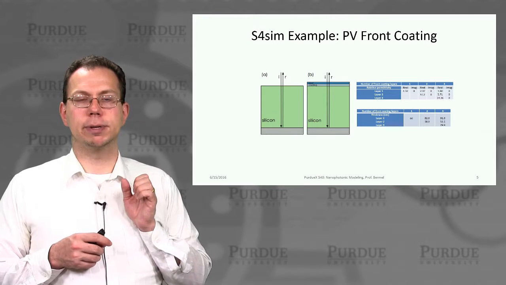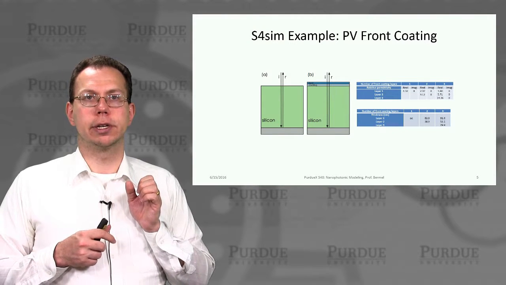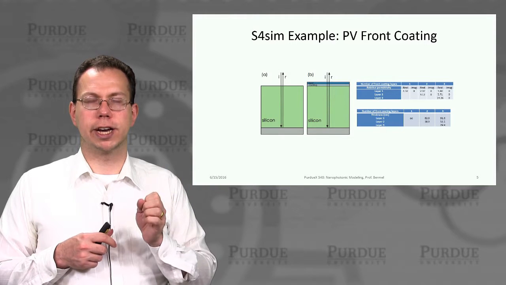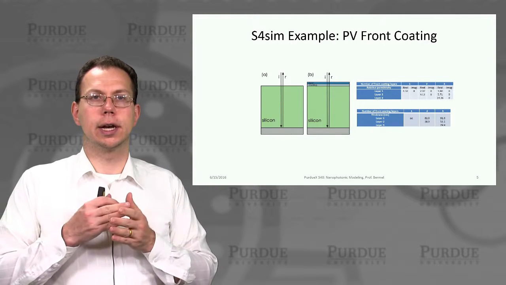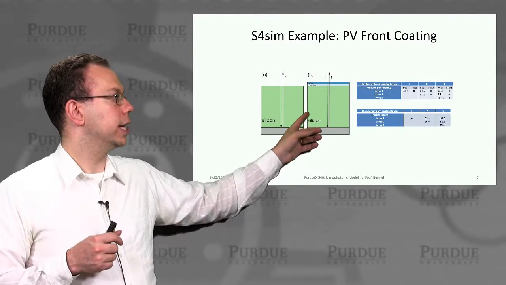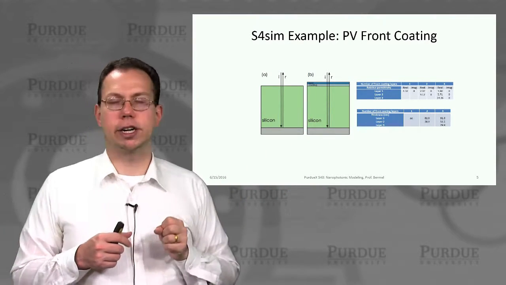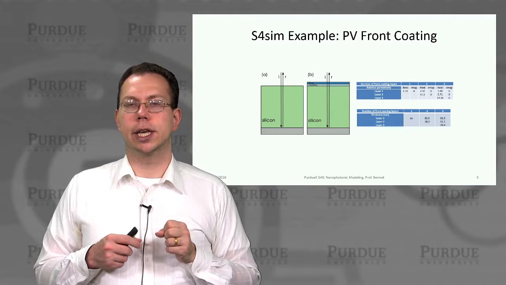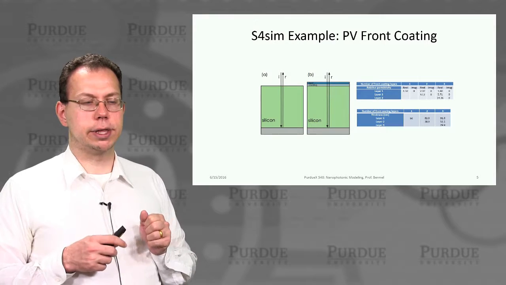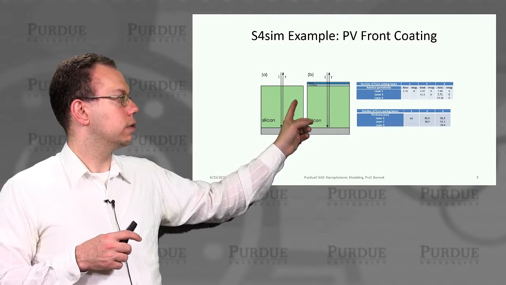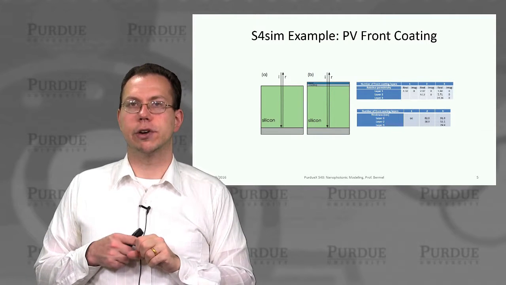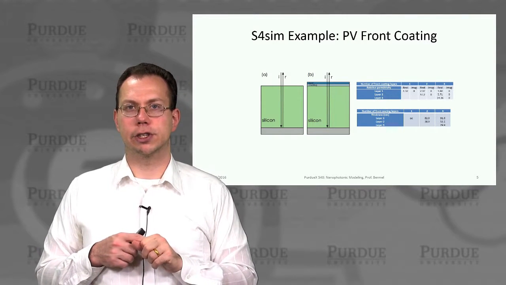Now I'm going to give you a specific example of how S4 can be used to provide accurate simulations that correspond to what's seen in literature. In this particular case, we're looking at the front coatings for silicon photovoltaics. You may or may not know that for silicon photovoltaics, typically you would add a single anti-reflection coating, oftentimes made out of silicon nitride.